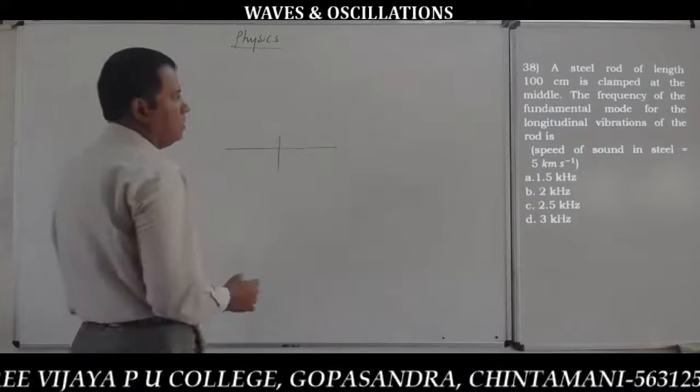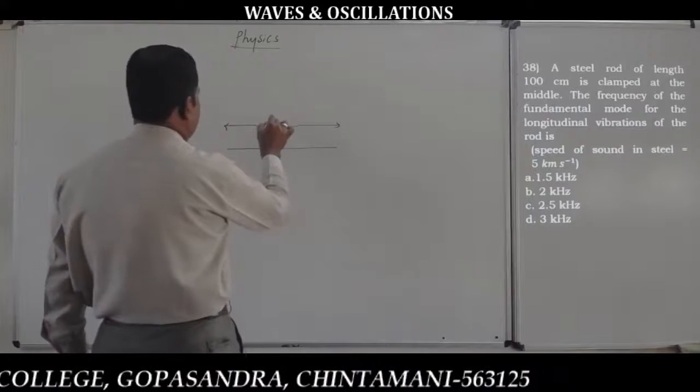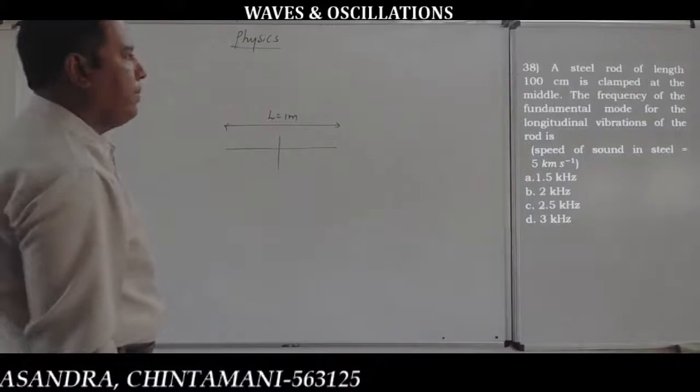A steel rod of total length L is equal to 100 centimeters, which is 1 meter, clamped at the middle.